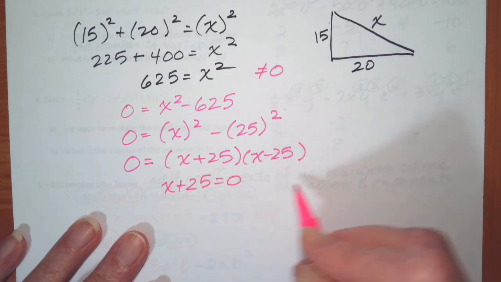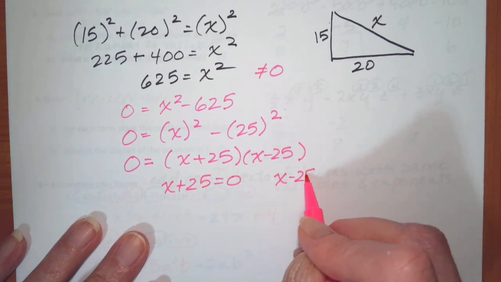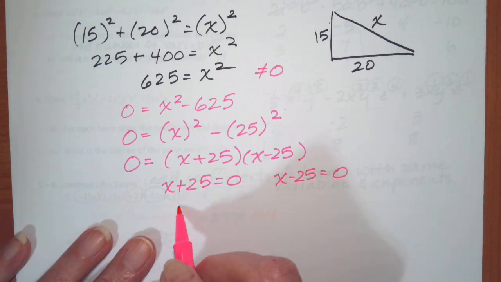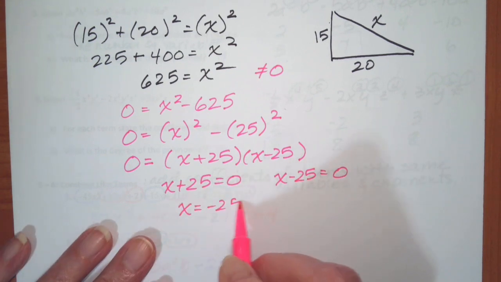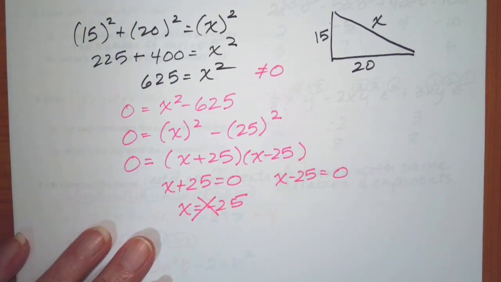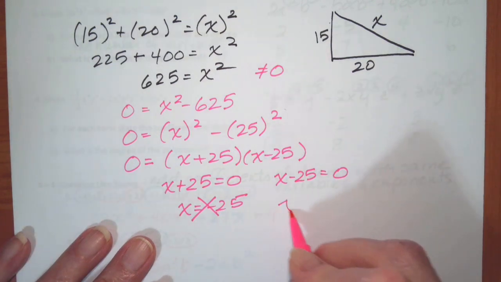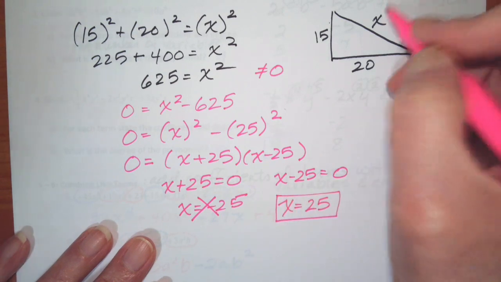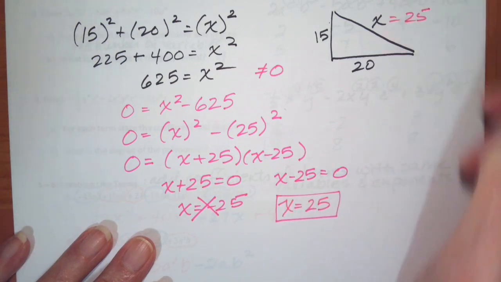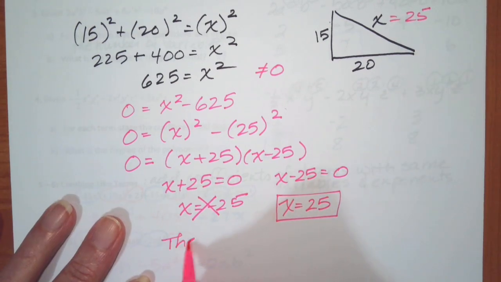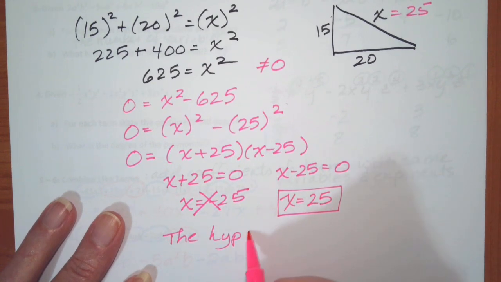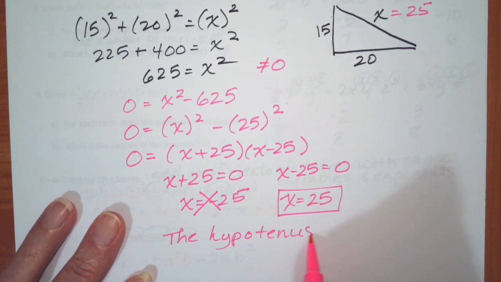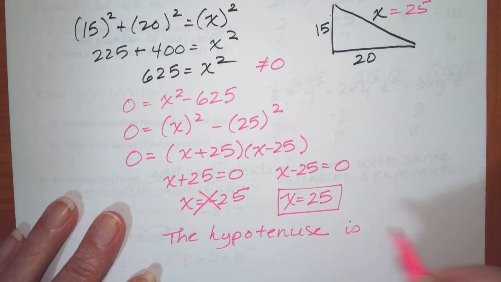X plus 25 is 0. X minus 25 is 0. Here x equals negative 25. Can't have a negative dimension. Here you have x equals 25. So the hypotenuse is 25 inches.